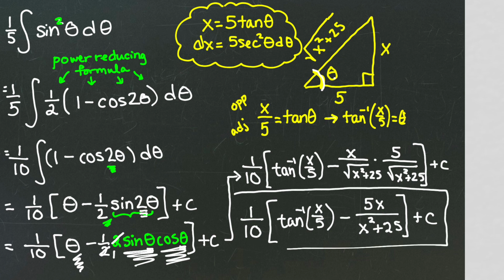Well, I would laugh and say, have fun putting this into WebWork with all those extra parentheses, right? But that would be the answer that we finally have when we've converted from thetas back into x's. And that is the antiderivative of x squared over x squared plus 25 quantity squared dx.